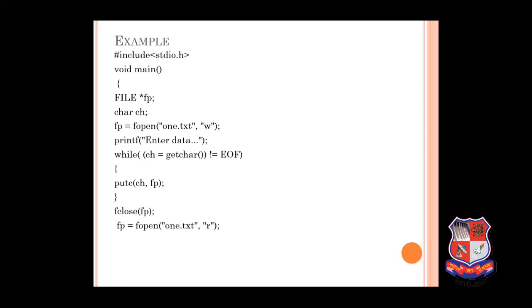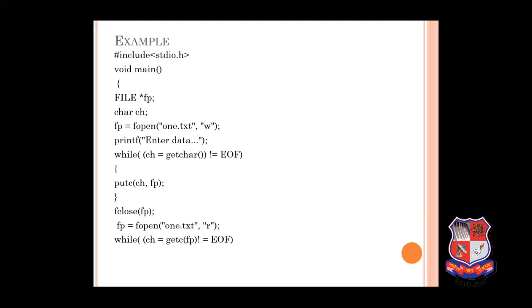Now fp is equal to, again we are opening the file, fopen 1.txt in read mode. R stands for read mode. So we are reading that file. Again we have to read it from start to end. So we write ch is equal to getc fp, it is not equal to end of file.